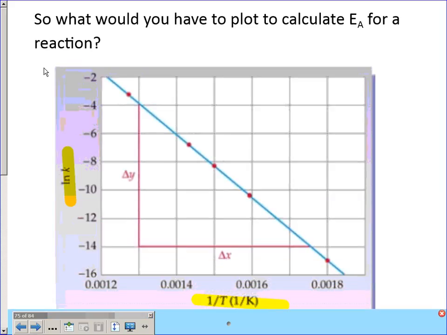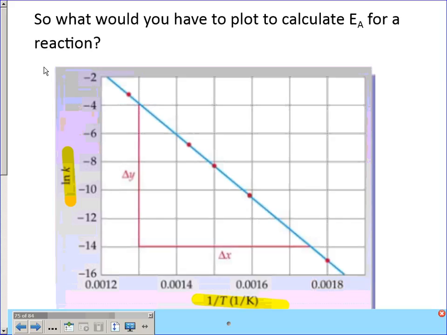As you saw from the equation earlier, we have a negative slope. And what does the negative slope equal? What constants? m is equal to the negative, right? Because I did have a negative in the front.